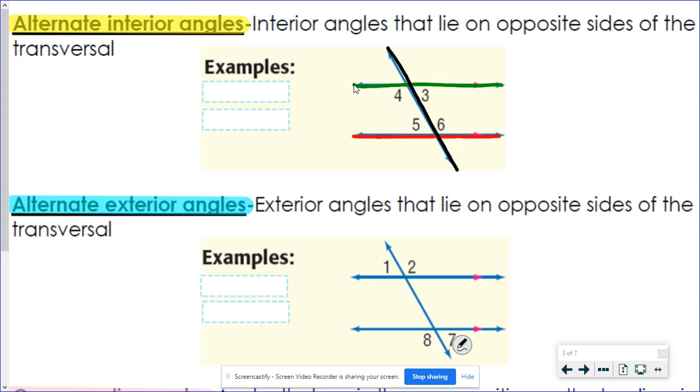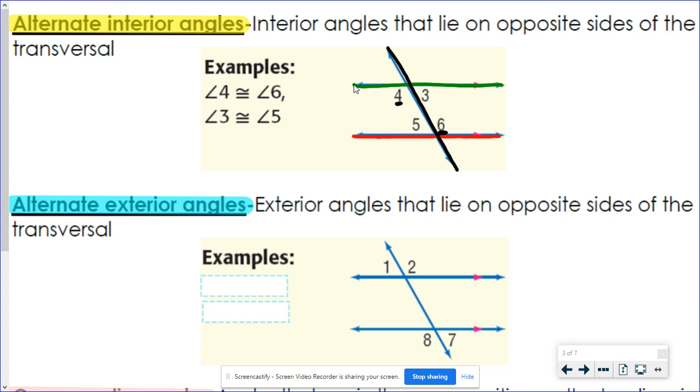But I have to take one that's touching the green line, one that's touching the red line, and on different sides of the transversal. So for instance, 4 and 6 are going to be what's called alternate interior angles. Angle 4 and angle 6 are alternate interior angles. And the other pair of angles is 3 and 5.